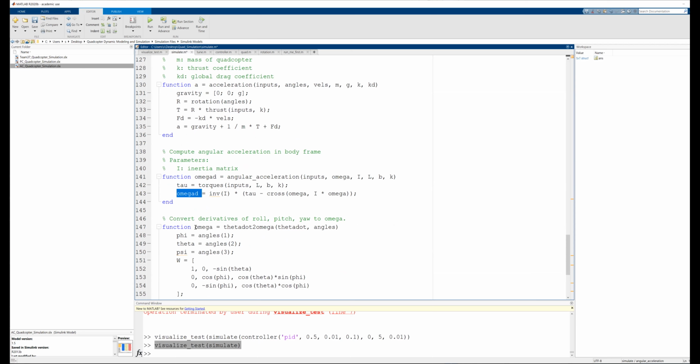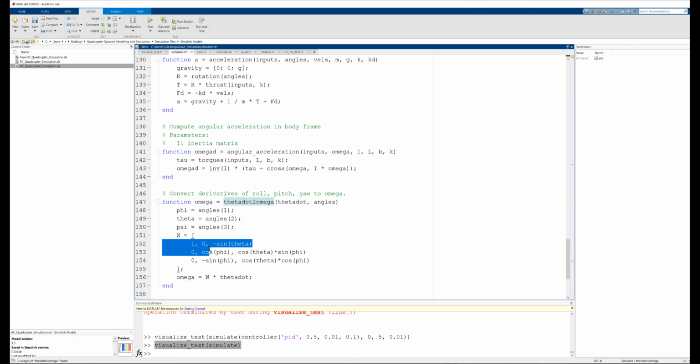The last function is omega, wherein you are actually finding out the roll, pitch, yaw, which are phi, theta, psi, and then finally you have this matrix that actually gives you the rotation. So this equation is the third set of equations.